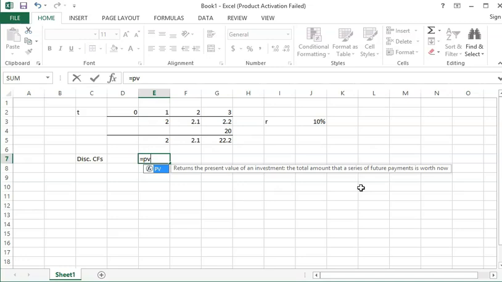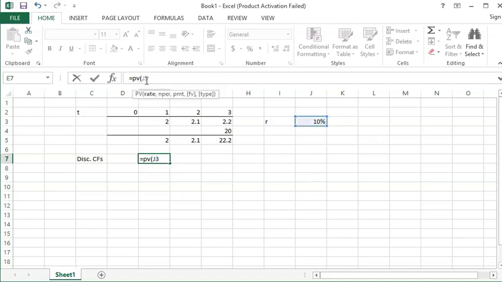So if I do equals PV, this means I am finding the present value. I will open the bracket. It will ask me for the rate. The rate is 10%, and it will remain 10% for all the calculations, so I will lock the cell. Comma, number of periods. The number of periods is this one. It will change throughout, so I will not lock it.